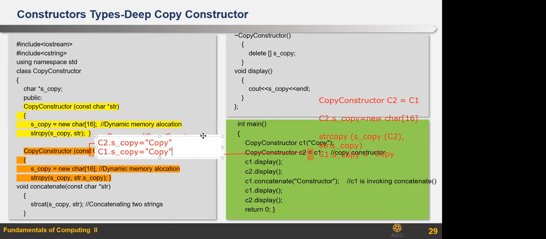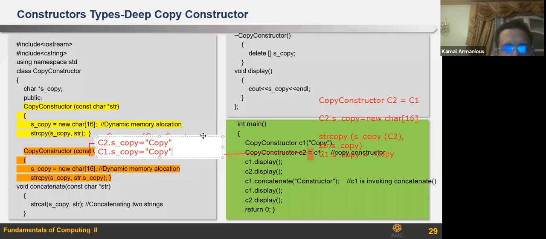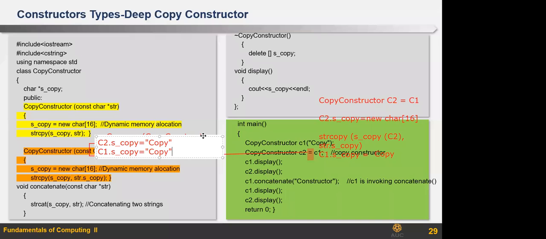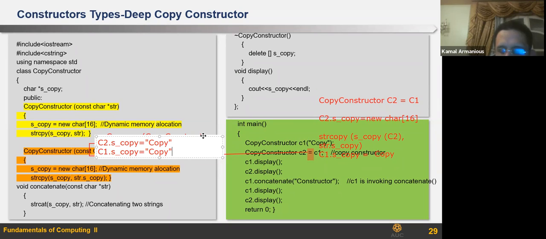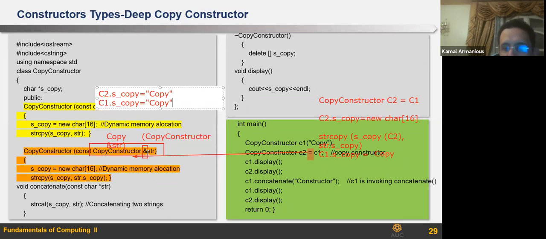The first constructor takes a character, a pointer to a character, right? Am I passing a pointer to a character? That was the previous call where I passed a pointer to a character, not the second one. In the second one I am passing an object, so it will be a copy constructor, a deep copy constructor.